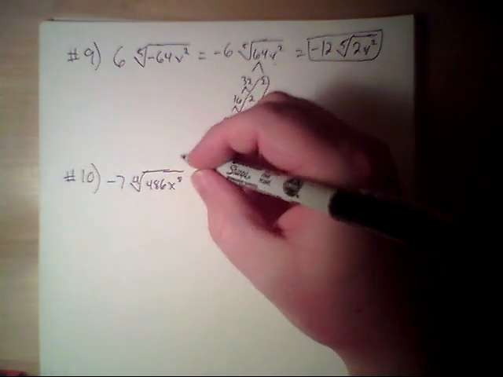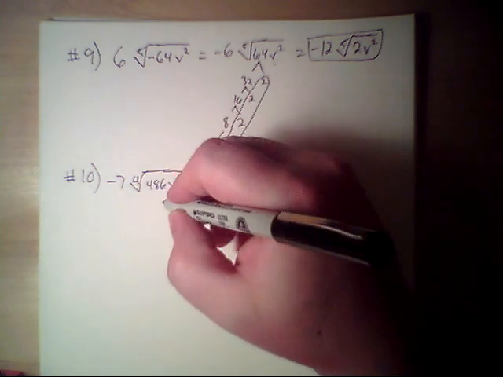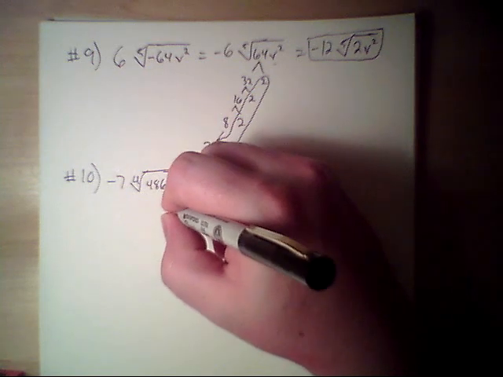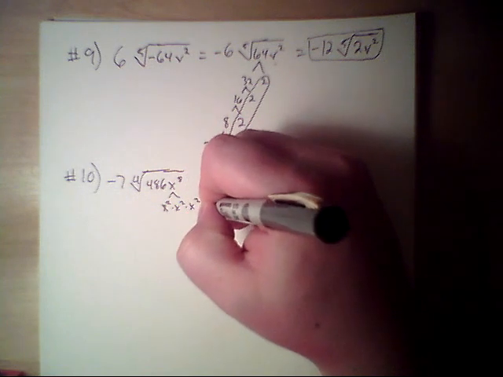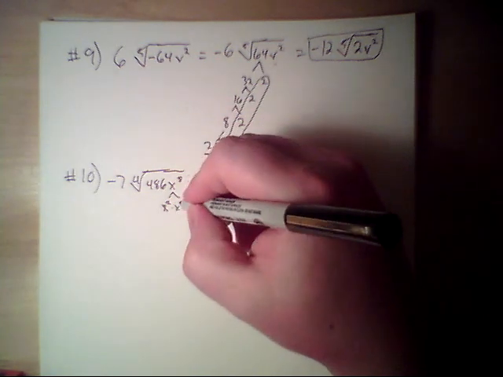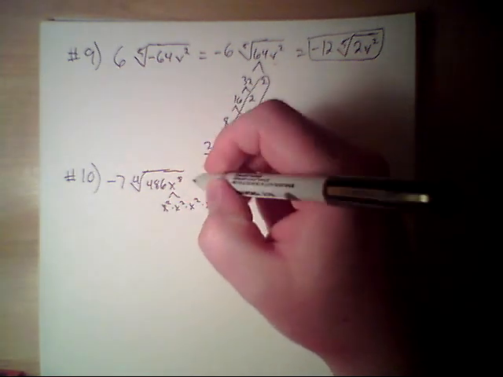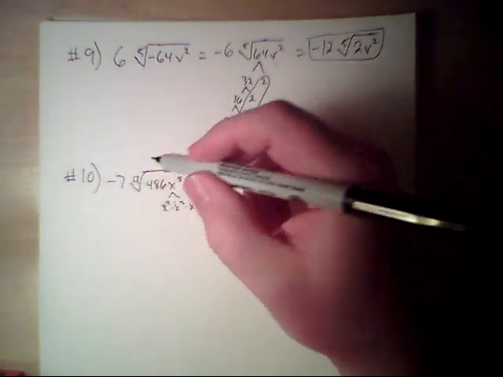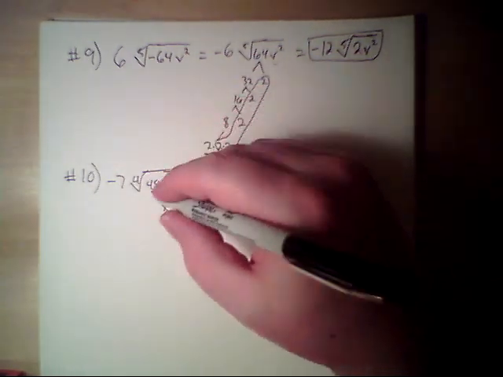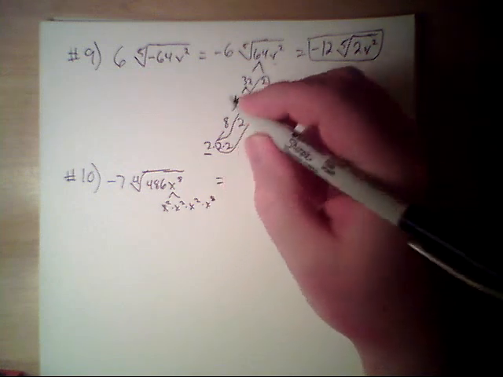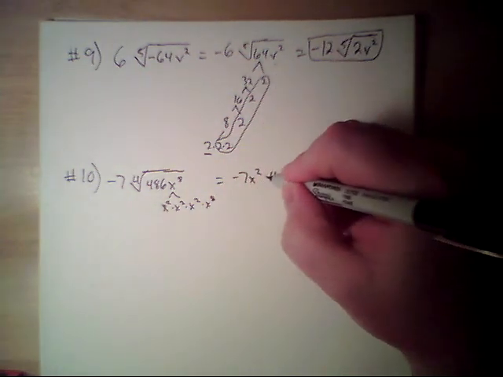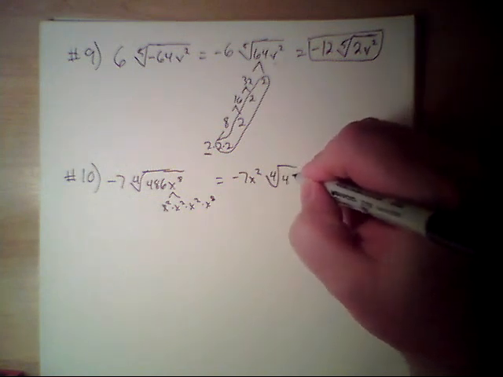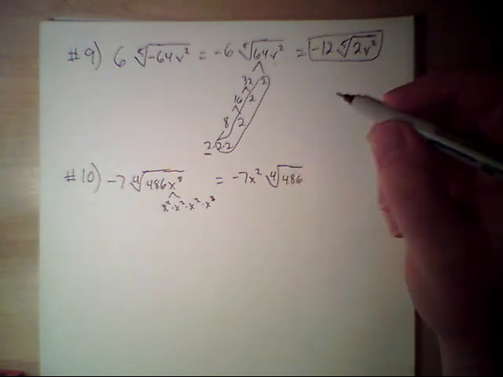In fact, this could factor into x squared times x squared times x squared times x squared, right? 2 plus 2 is 4, 6, 8, right? So this can come out as an x squared in front of the radical. Then we'll deal with this number in a second. So this is going to equal -7x squared times the 4th root of 486. So that makes things a little bit easier.